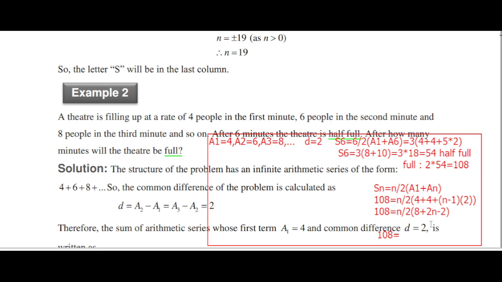So here n over 2 in bracket 2n plus 8 minus 2, 6.